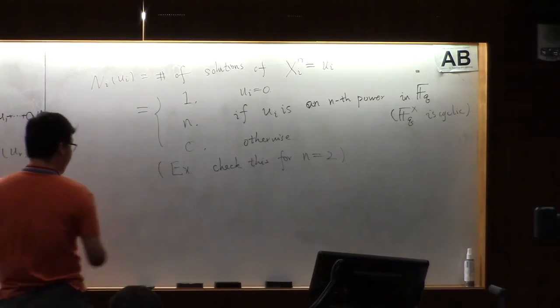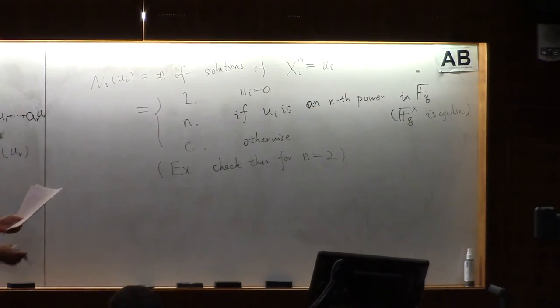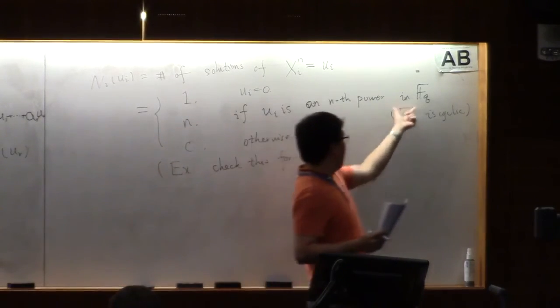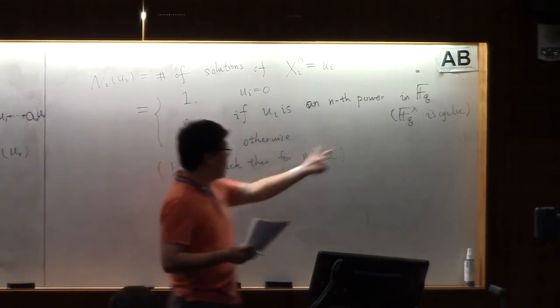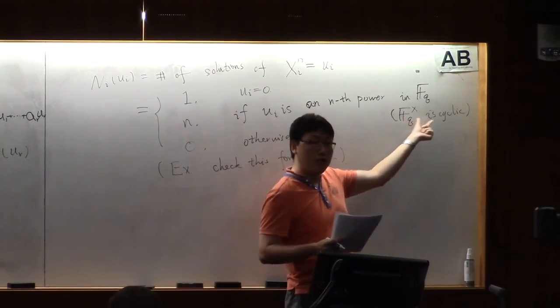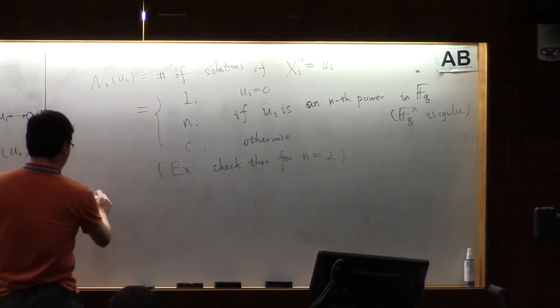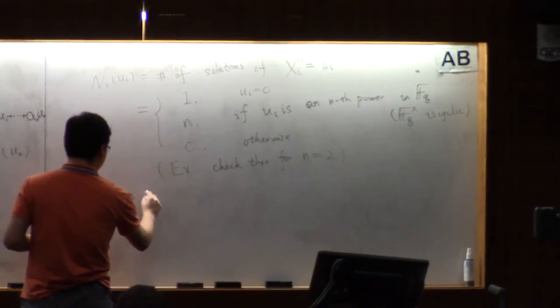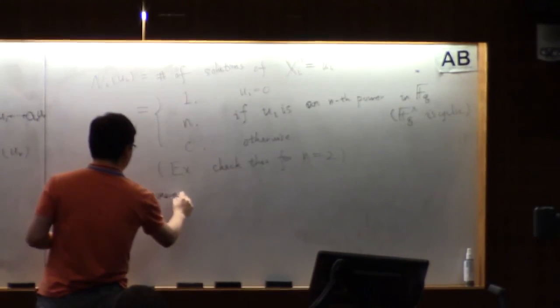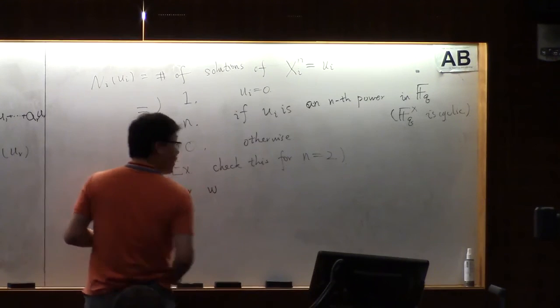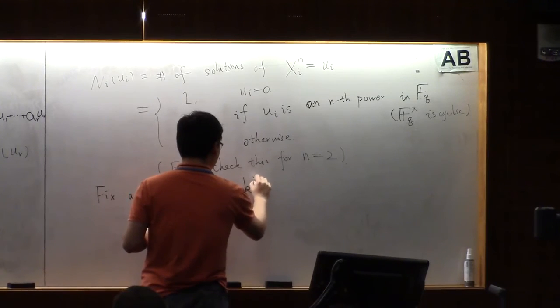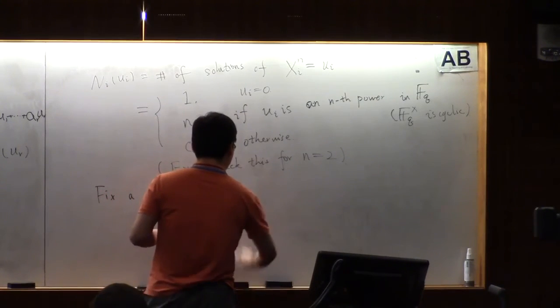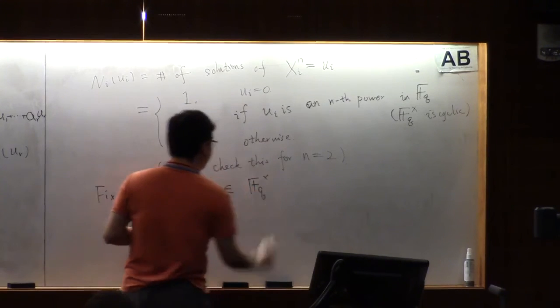I try to write this number as the sum of some characters. So to do this, first you need to have a good understanding of characters of the field F_q. So here we use the fact that the multiplicative group of this field is cyclic. In other words, we can find a generator, denoted by omega, of the multiplicative group of the finite field F_q.